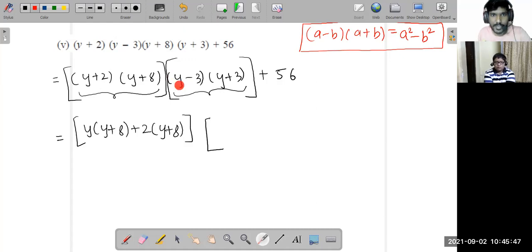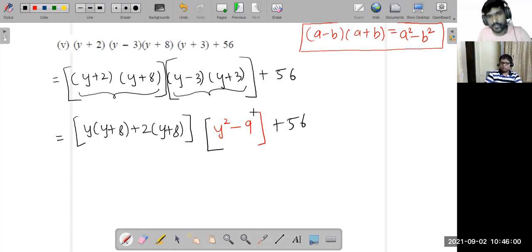So this is of the form a minus b, a plus b. So this becomes a square minus 3 square, which is 9. Okay, and this plus 56. Understood? This comes from this formula. Yes, sir.